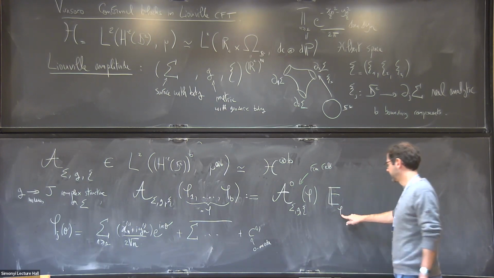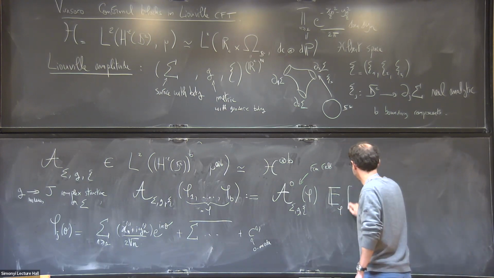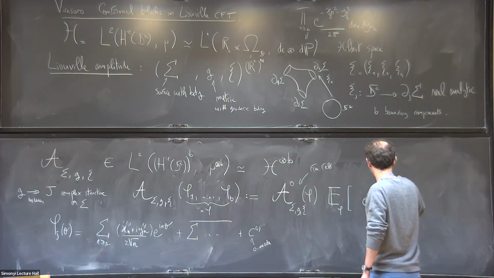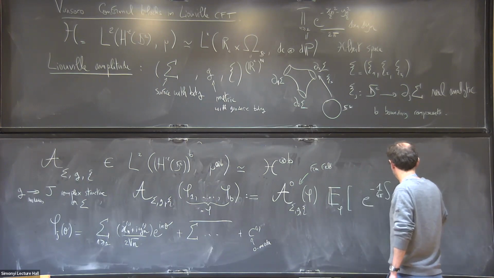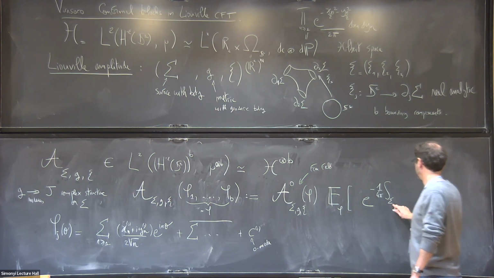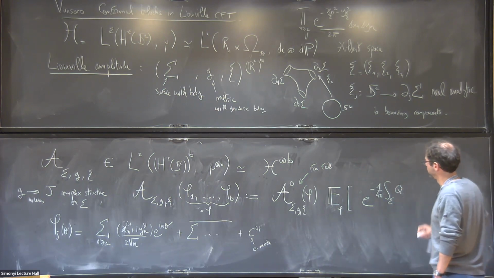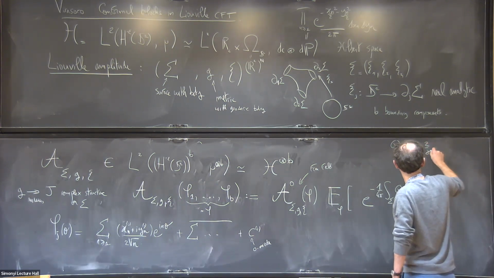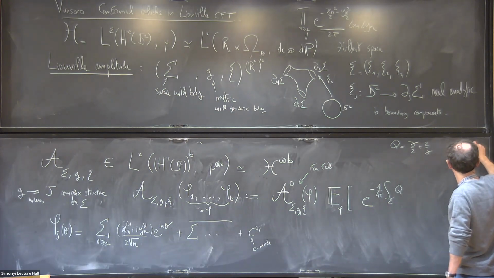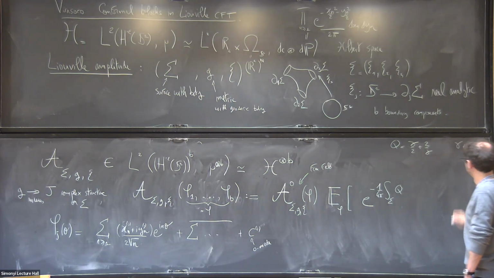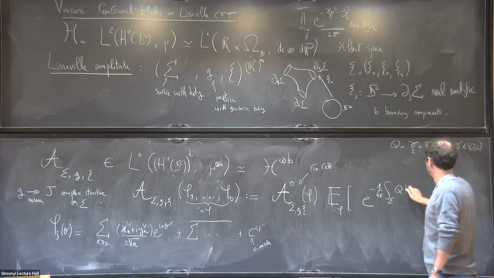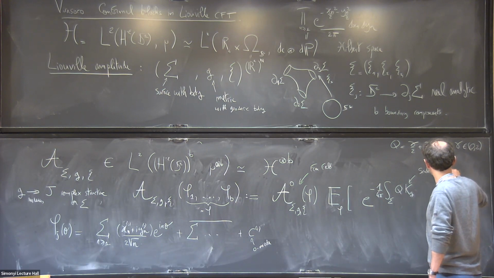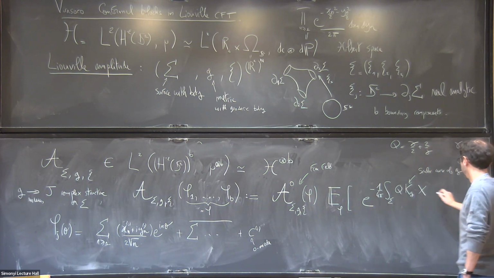So it's a conditional expectation on phi of a potential term, which is the integral on sigma of Q, the parameter of the Liouville theory, which is gamma over 2 plus 2 over gamma. Gamma is a parameter between 0 and 2. Here you have the scalar curvature of G, times X plus P phi.